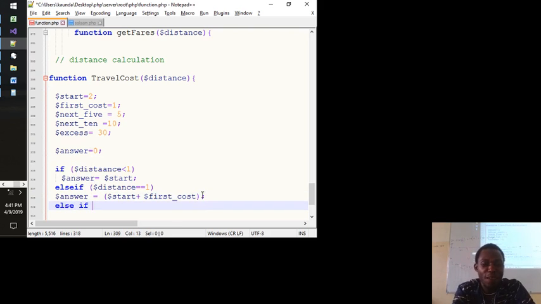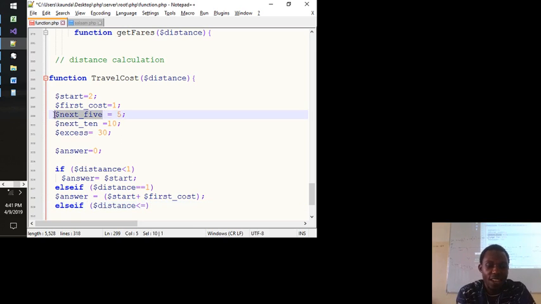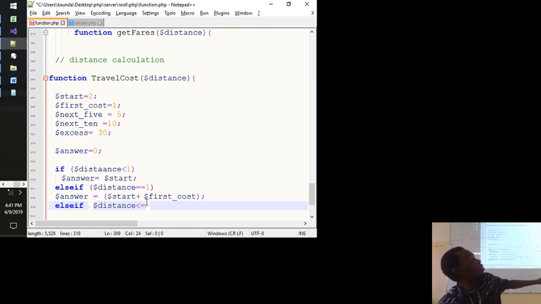Else if distance is less than or equal to this, that is 5, so that will be 6 kilometers, right? Does it make sense?